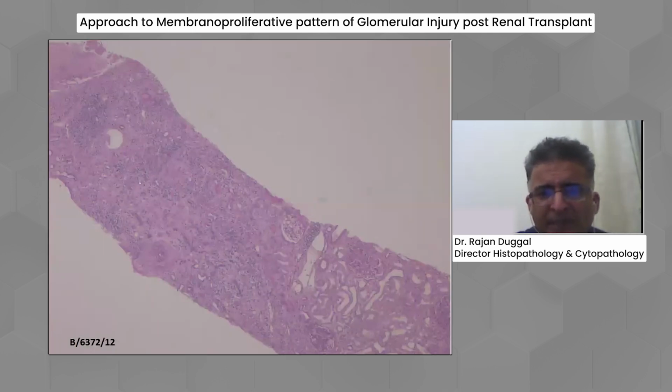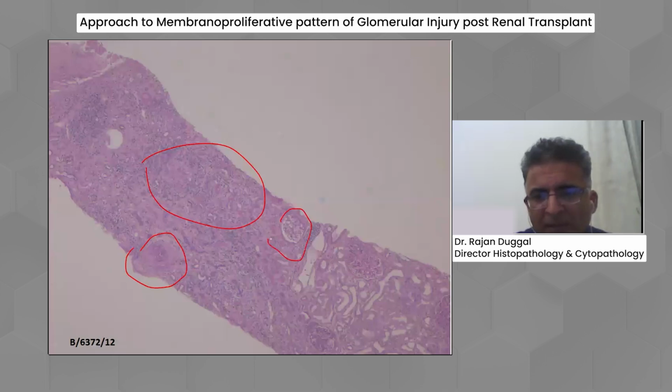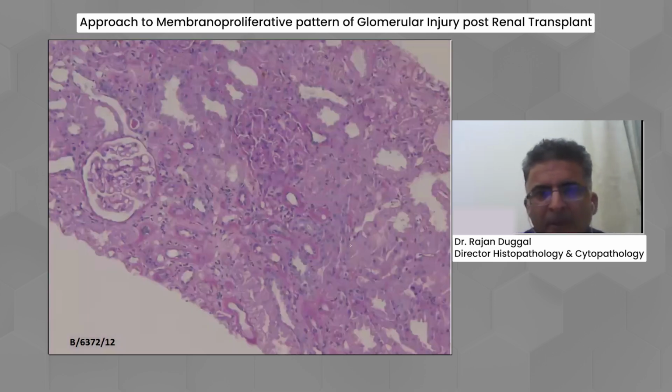Now, if you look at this biopsy, it is showing more chronic changes in these areas, but there is some infiltrate also. There is a globally sclerosed glomerulus, and these are the non-sclerosed glomeruli you can see here. I'll show high magnification.